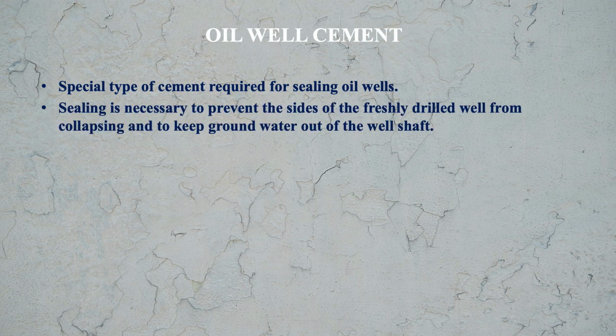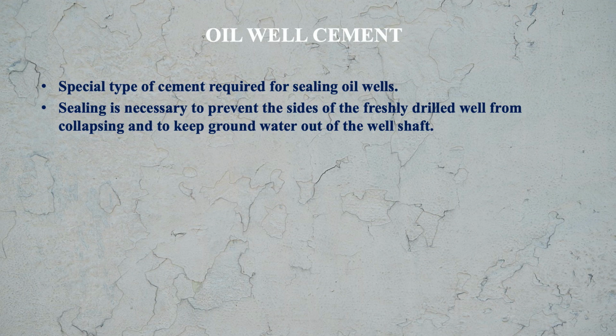Sealing is necessary to prevent the sides of the freshly drilled well from collapsing and to keep the groundwater out of the well shaft. When we are drilling the wells, the wall of the wells can collapse. To prevent the collapsing and also to keep the groundwater out of the well shaft, we do the sealing, and this sealing of the oil wells is done with the help of the oil well cement.